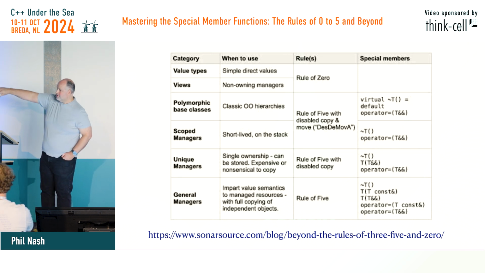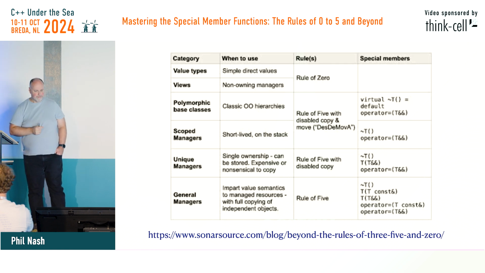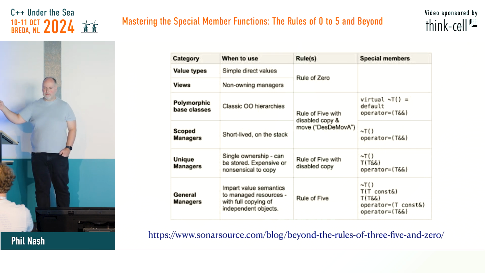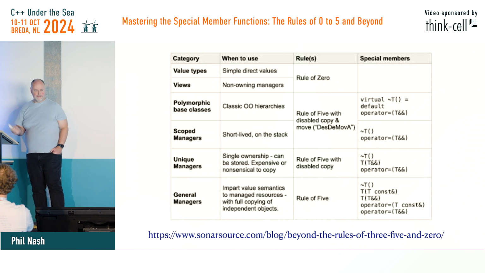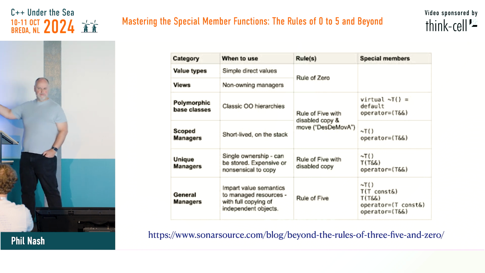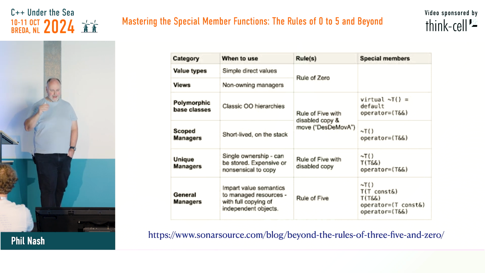And I wanted to use the original rather than recreating it. So you can go read this blog post if you want more details. But I'd already spent a lot of time talking about value types and at least polymorphic base classes. There's also views, which we're not really going to talk about because they have different semantics altogether, but they factor in here as well. But then we get into these managers.